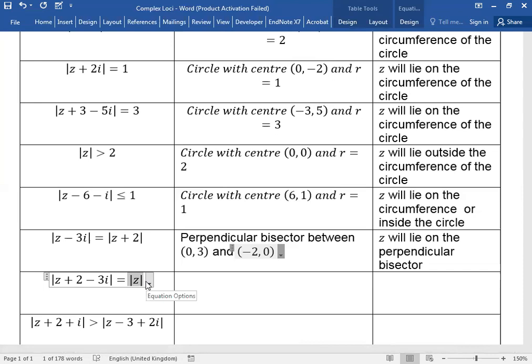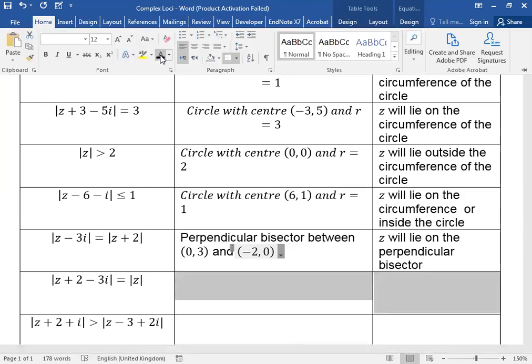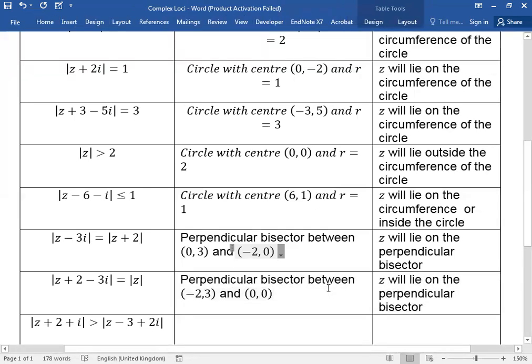I still don't know where z is, but I'm trying to tell you that z is equidistant from 2 points: -2 plus 3 iota and the origin. So if it is equidistant from 2 points, you'll be drawing a perpendicular bisector between the origin and -2 plus 3 iota. And again, z will lie on the perpendicular bisector. Is this clear, class?